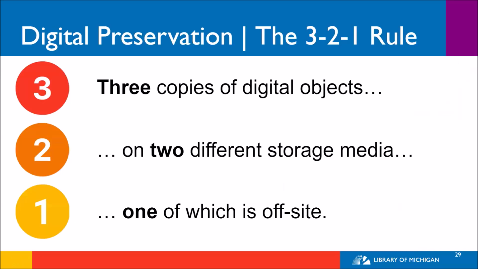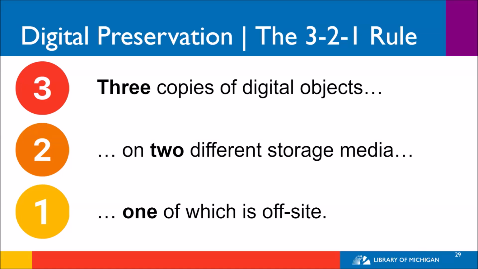Okay, we're wrapping up. I did want to just mention that digital preservation is key. As good stewards of these items, we want to make sure that the participants can also continue to steward these items now that they have them digitally. They're probably not going to get too much into digital preservation, but an easy mnemonic for them to remember is the 3-2-1 rule.